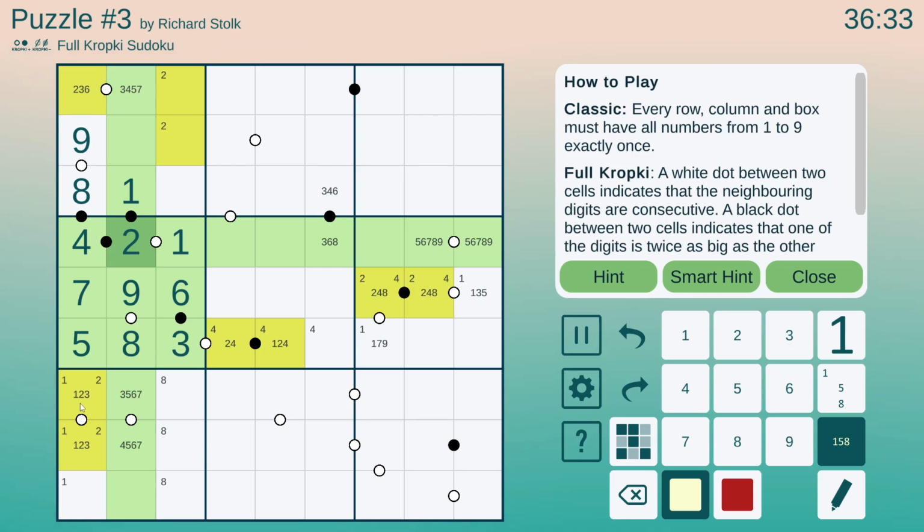Okay, hold on. So the logic there was that 6 can't go in here because it would force a 5 or a 7 next to it. So 6 can never go in there. So it's got to be 1, 2, or 3. So the 2 has to be in there. So this can't be a 2. So this can't be a 3 anymore.